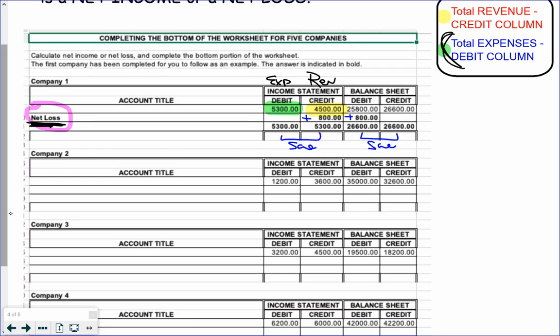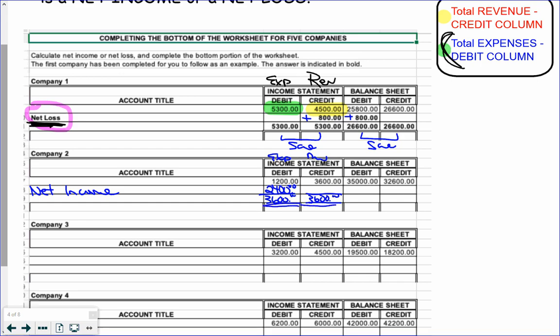If we look at an example here, again, remember, this is expenses, this is revenue. Here we can see revenue is bigger than expenses. So over here, we would write net income. If you subtract these two, 3,600 minus 1,200, that's 2,400. So we would put 2,400 in the debit column. Now these are both 3,600.